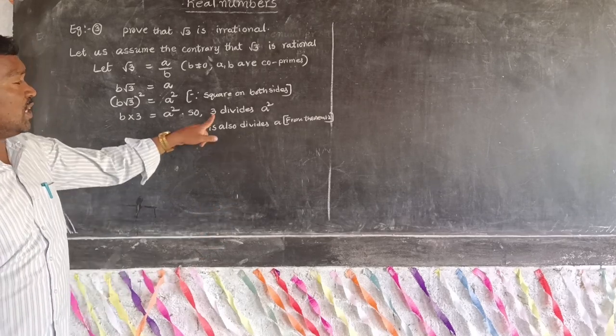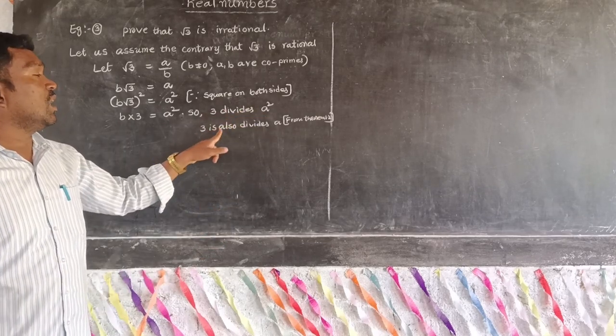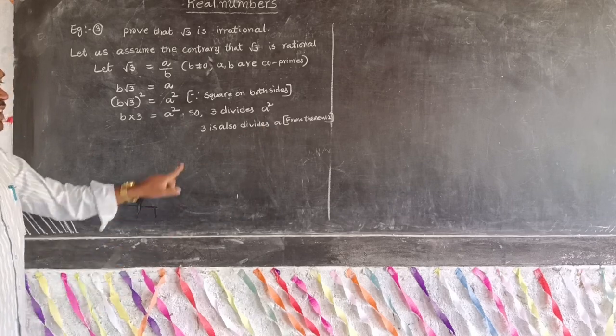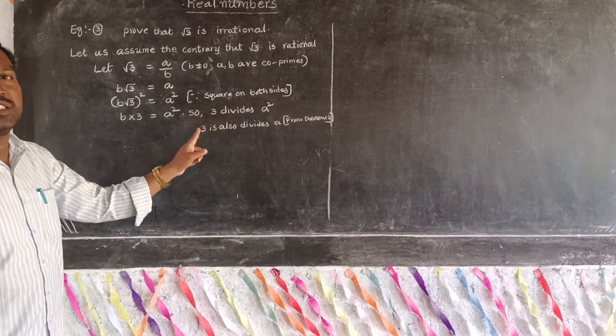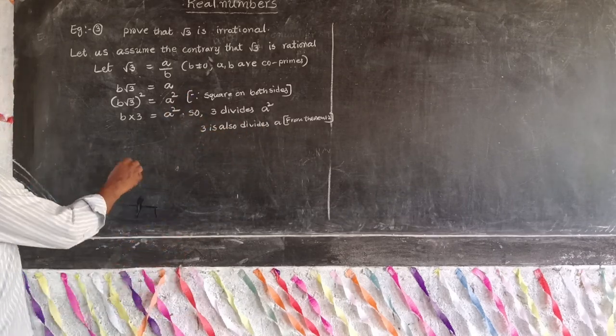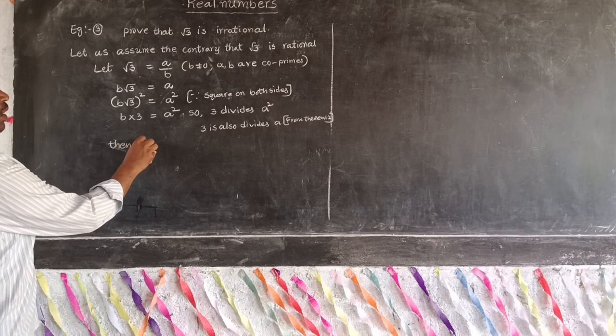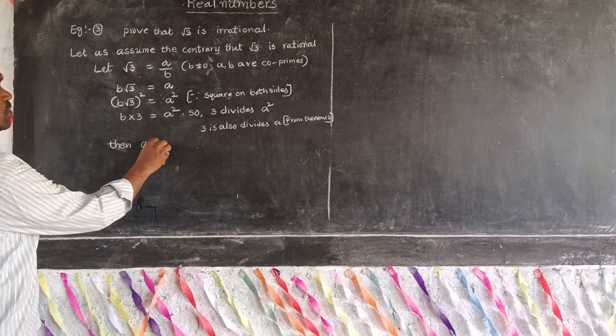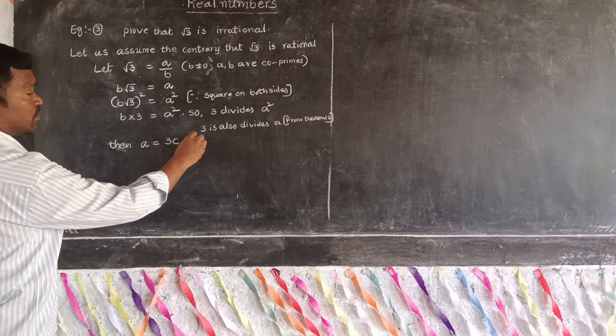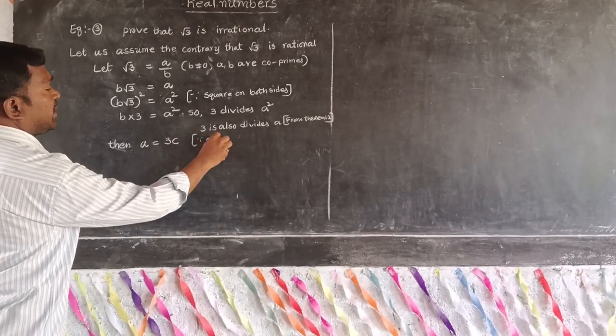So 3 divides a squared, 3 also divides a, which means 3 is one of the factors of a. Then a equals 3c, where c is an integer.